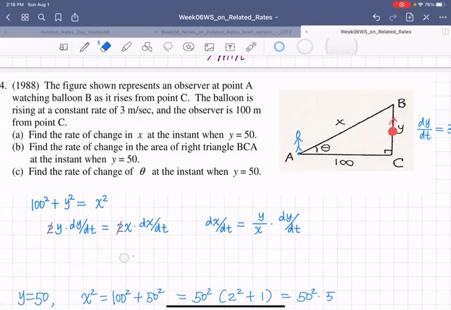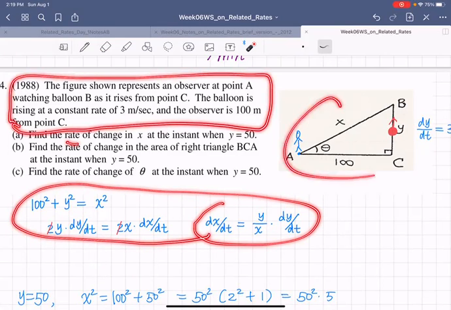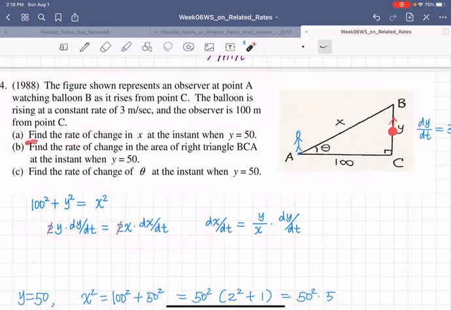Okay. Now, dy over dt is how much? 3. How much is y? 50, right? Mm-hmm. Because here, look. This is from everything here and the graph. Question A, find the rate of change in x when y equals 50.